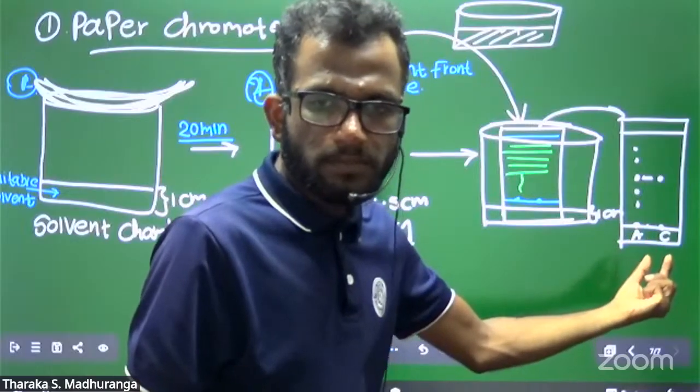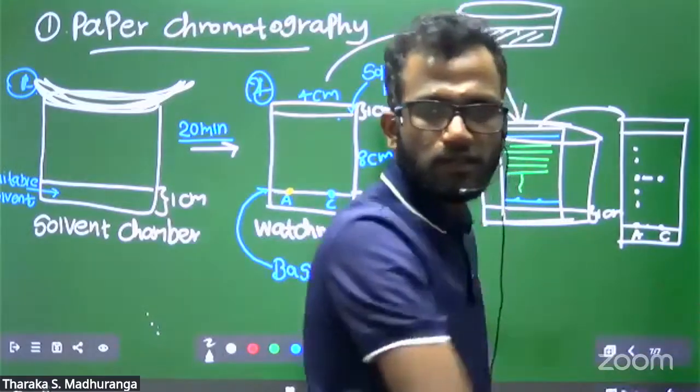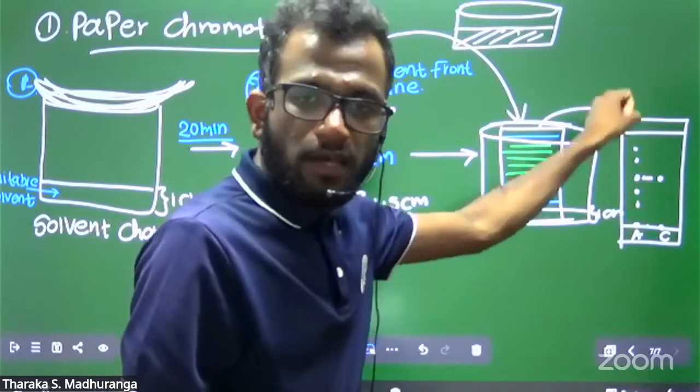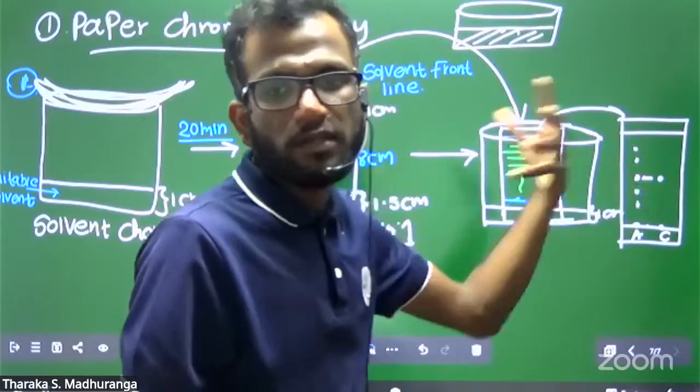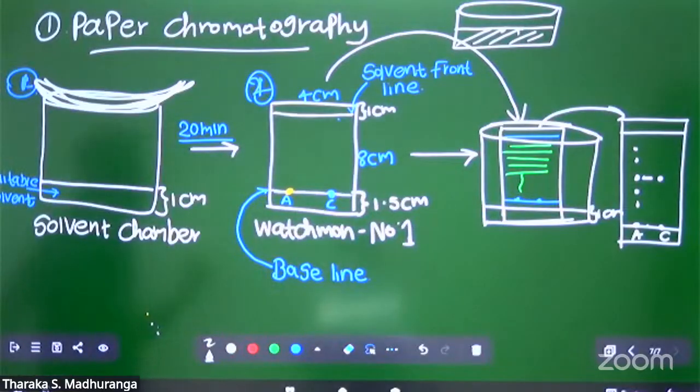Any doubt? This is the story. Finally, according to the distance, we can identify whether the A crude product has the specific compound or not. Did you get it?